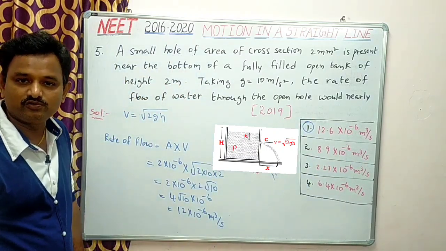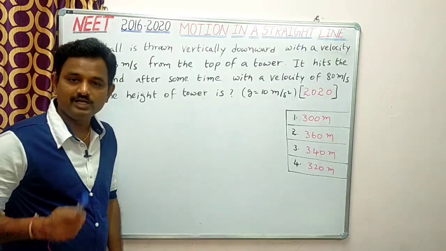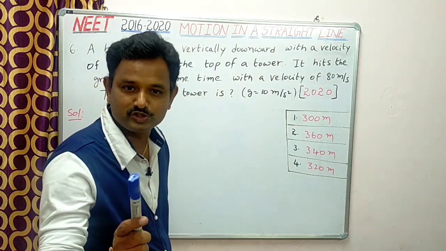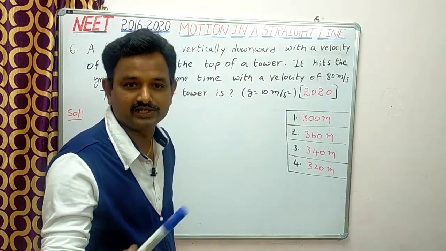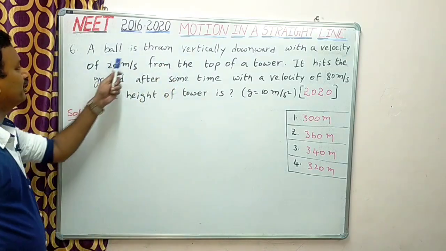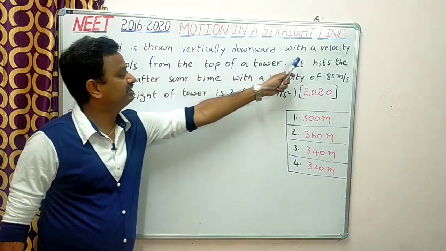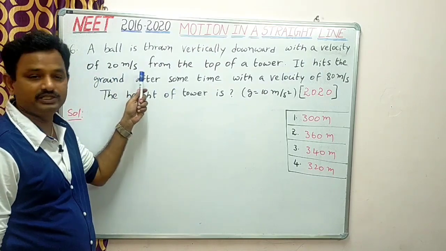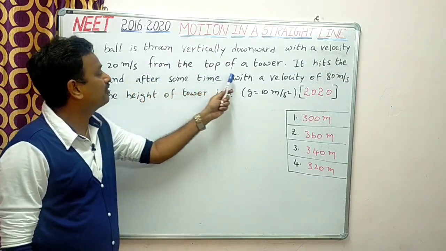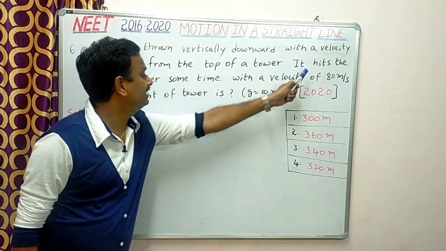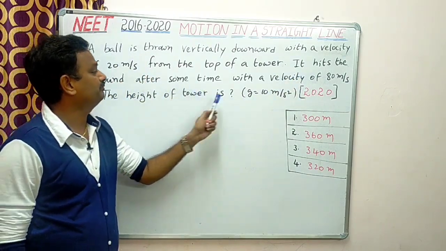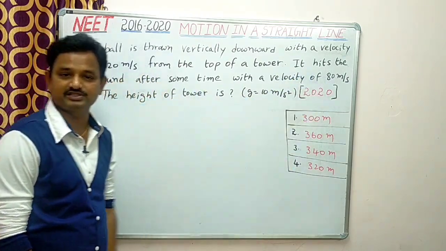So next we will go for 2020. In 2020 we got one MCQ in motion in a straight line. Look here. A ball is thrown vertically downward with a velocity of 20 meter per second from the top of a tower. It hits the ground after some time with a velocity of 80 meter per second.